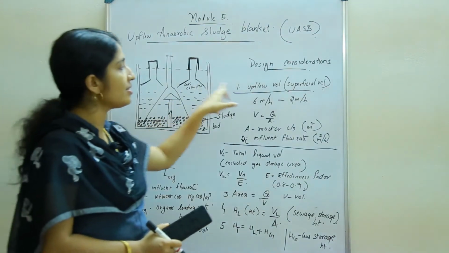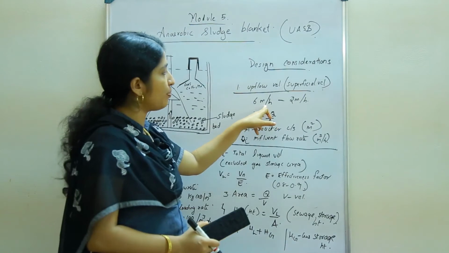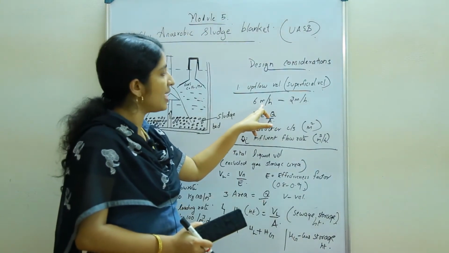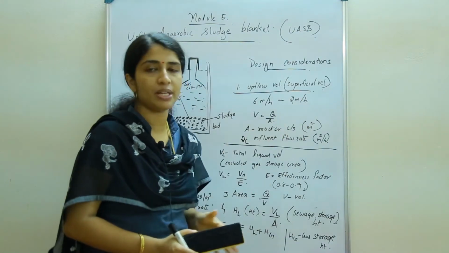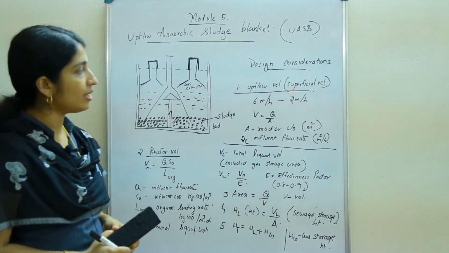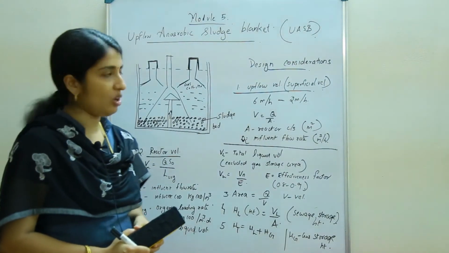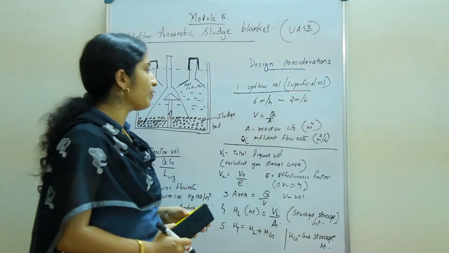It is also called the superficial velocity, and its range is 2 to 6 meters per hour. We can decide according to our design.